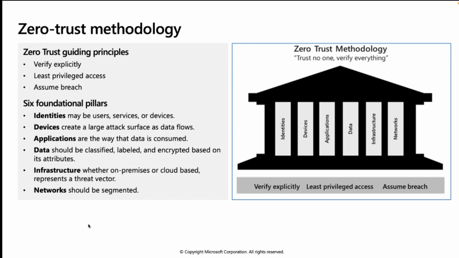And RBAC really refers to different levels of administrator access. So, for example, you might be a SharePoint administrator. You might be a Teams administrator. You get the idea? So you don't necessarily need to have that global admin. You don't need to be able to see everything to perform your job.